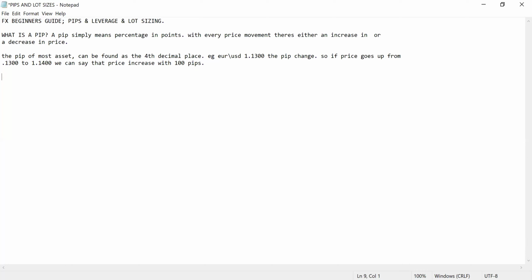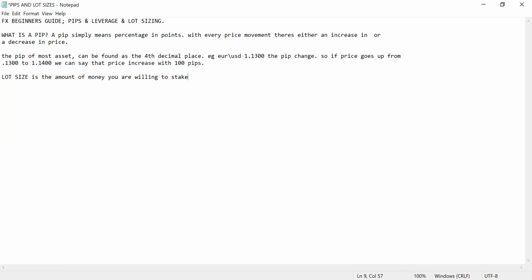So basically, your lot size is the amount of money you are willing to stake, right?